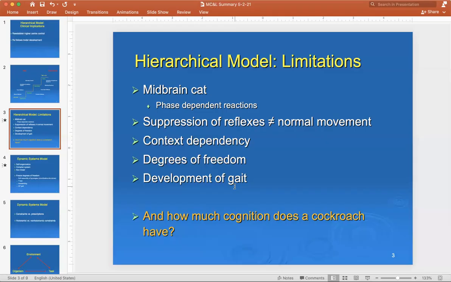But if you then get that same kid and put him in a swimming pool with water up to his waist, the stepping reflex re-emerges, suggesting it's not an integration issue. The brain hasn't integrated, hasn't taken over that because it's still there when the kid is walking in the water.